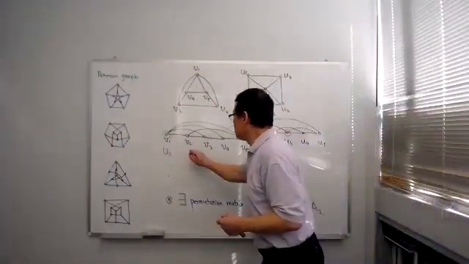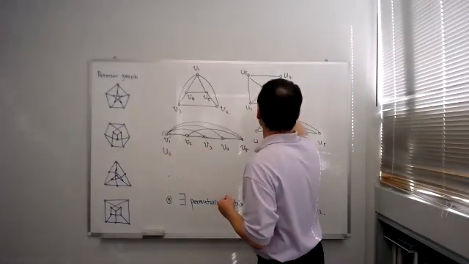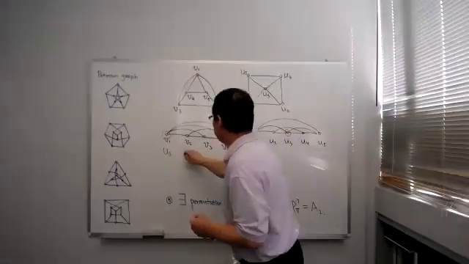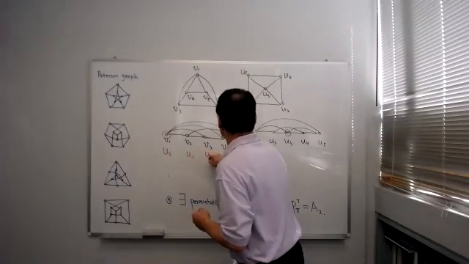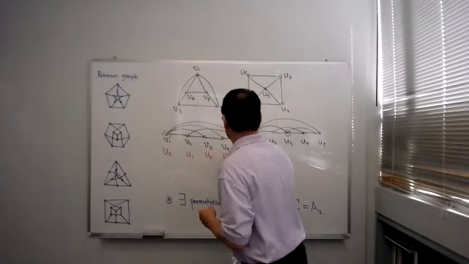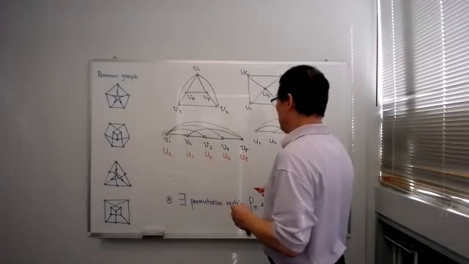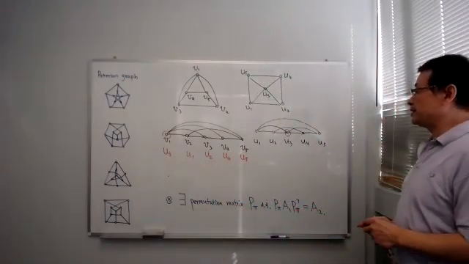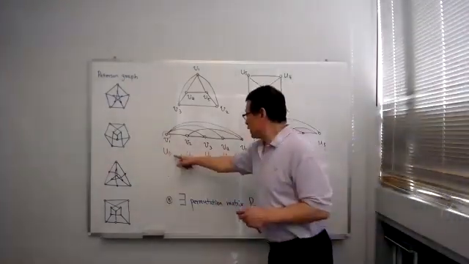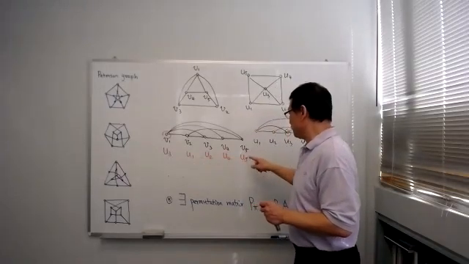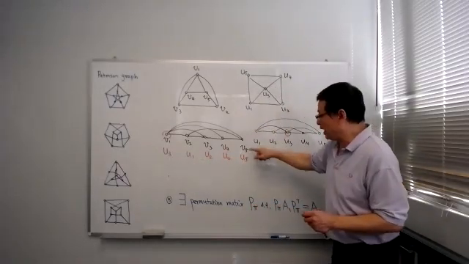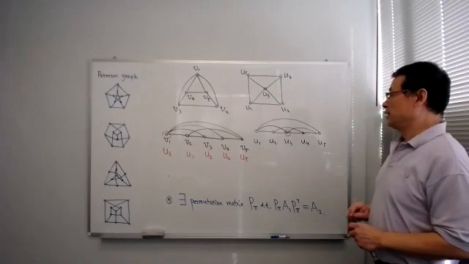One way is this one is 1, 2, 3, 4. So that will give us an isomorphism. So it's U3, U1, U2, U4, U5. That's the correspondence between Vi and Ui.